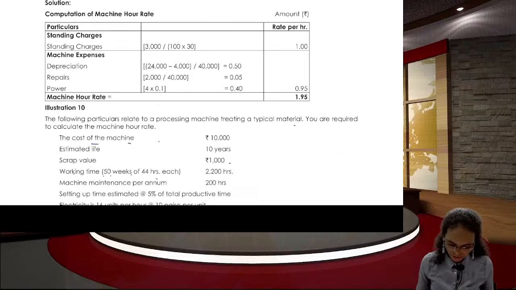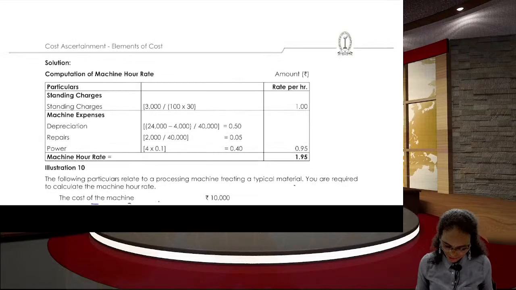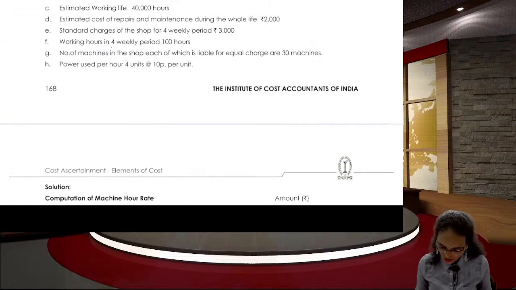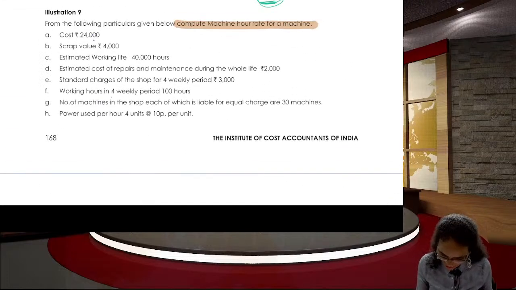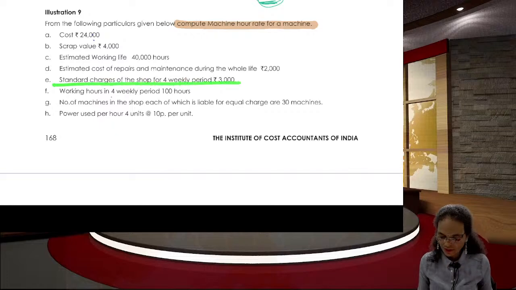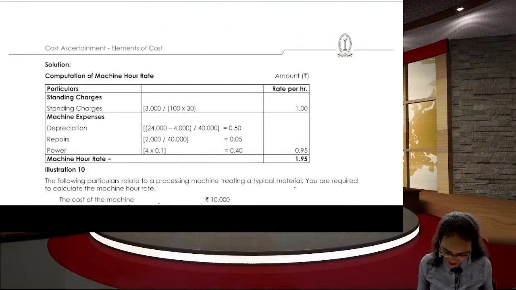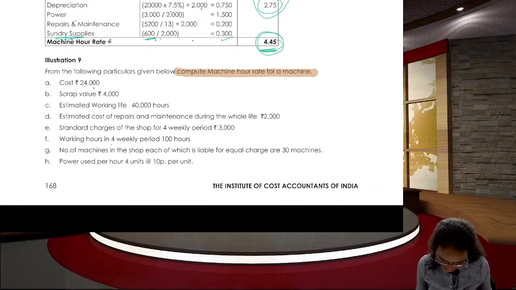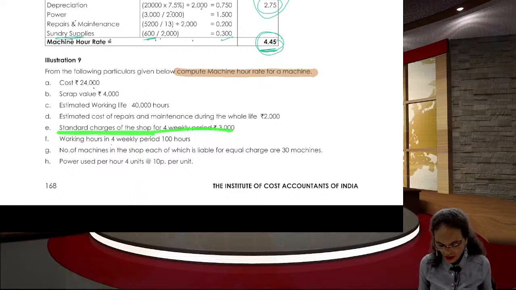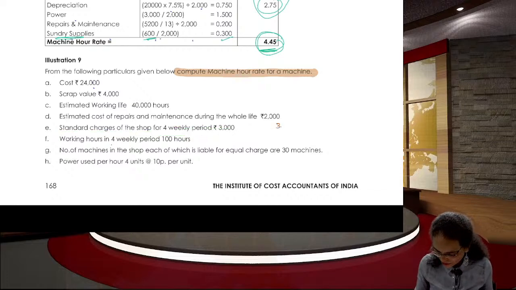So how to calculate the machine hour rate? See, here standing charges are given, 3,000 rupees. 4 weekly period means 1 month, so per month 3,000 is the standard charge of the shop.